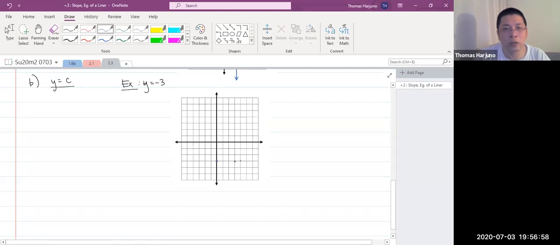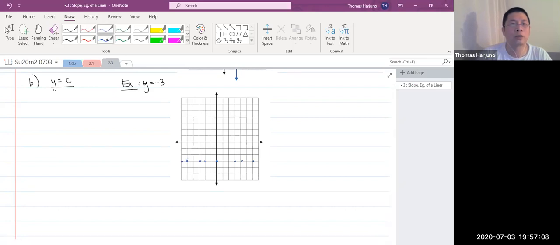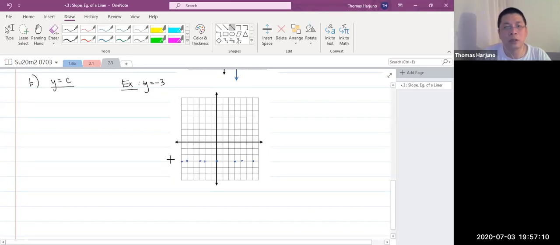As long as the y is -3, you count that coordinate in. These are some of the points that have y equals -3. So if I connect those points, I will get this horizontal line. So y equals a constant will give us a horizontal line that is parallel to the x-axis.